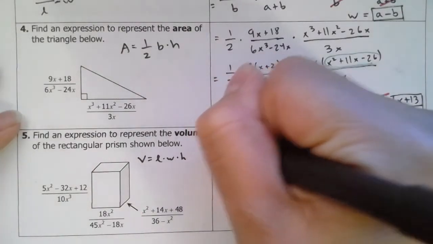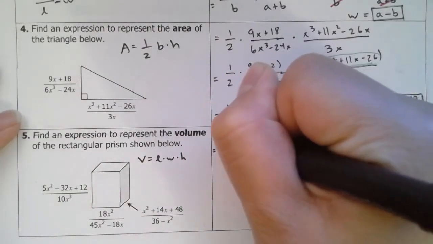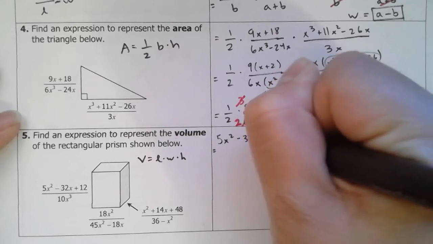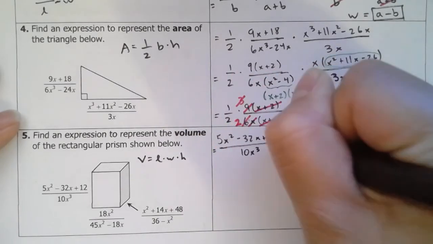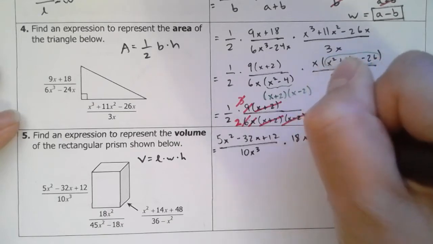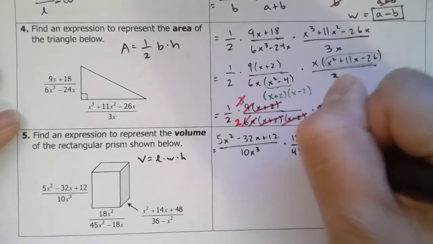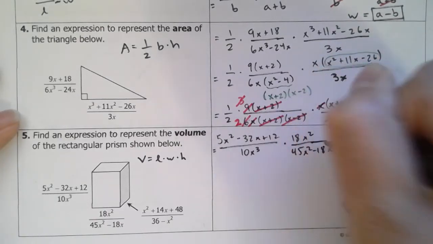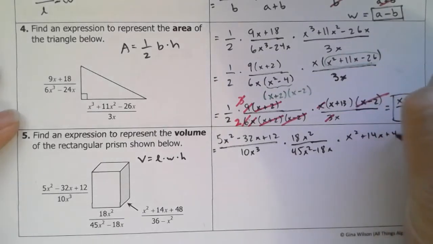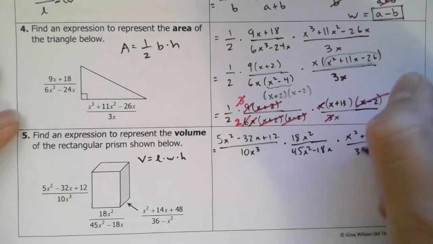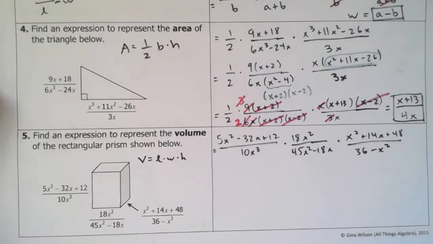So 5x squared minus 32x plus 12 over 10x to the third times 18x squared over 45x squared minus 18x times x squared plus 14x plus 48 over 36 minus x squared. So let's get to simplifying.